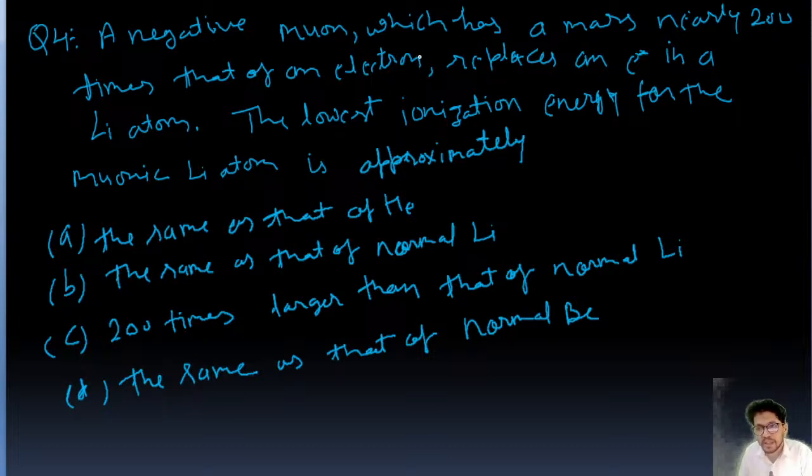The lowest ionization energy for the muonic lithium atom, the lithium atom in which a muon is there instead of the electron, is approximately the same as that of helium, or the same as that of normal lithium, or 200 times larger than that of normal lithium, or the same as that of normal beryllium. This is the question. I'm going to solve it now.